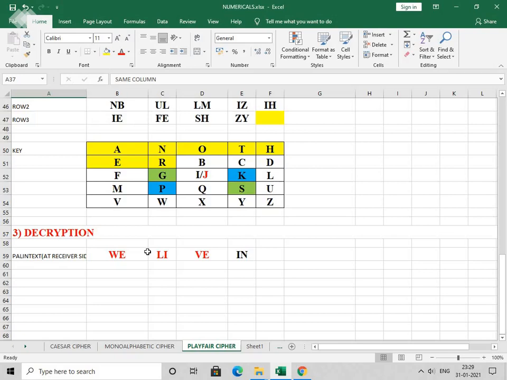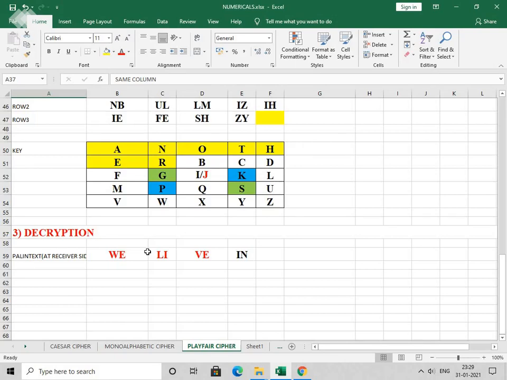So next rule is that if both the letters of the pair are neither in the same row nor in the same column, then the substitution for the plaintext pair is based upon their intersection in the key matrix. The intersection rule is the same for encryption and decryption, right? If both the letters in a pair don't lie in the same column or same row, then we are going to use this intersection rule, right?